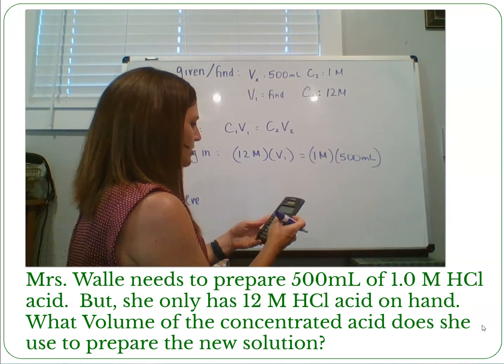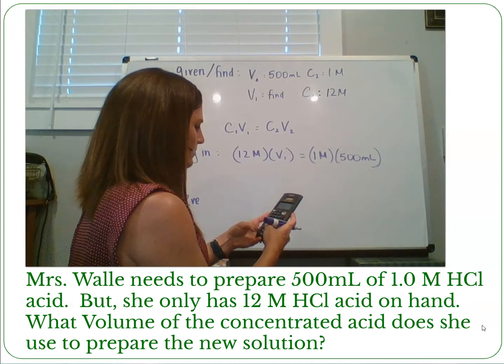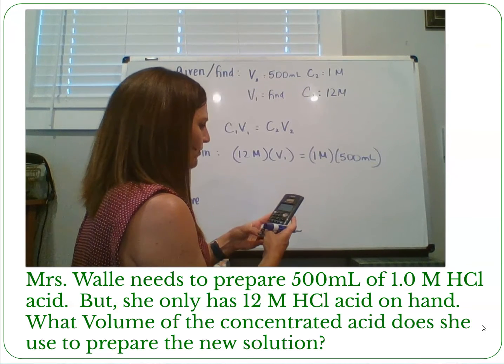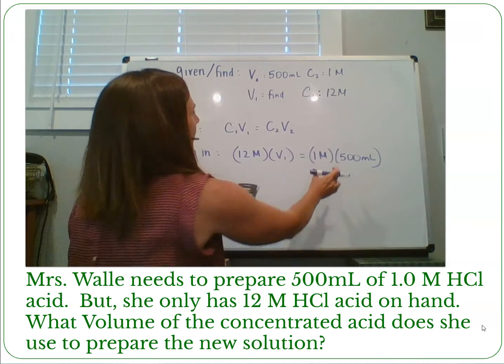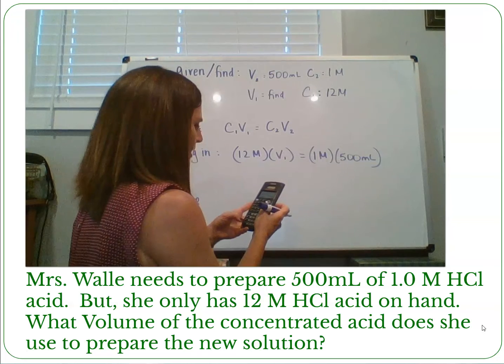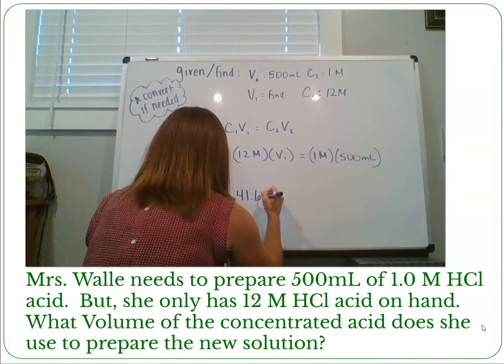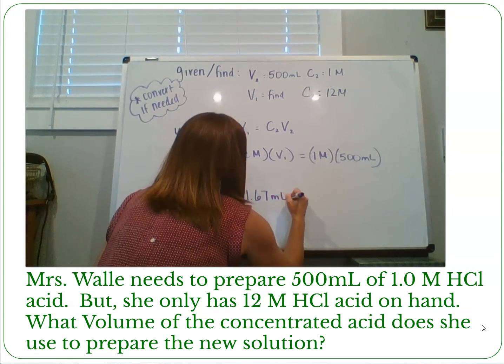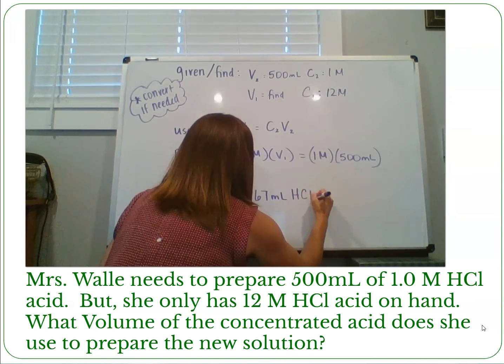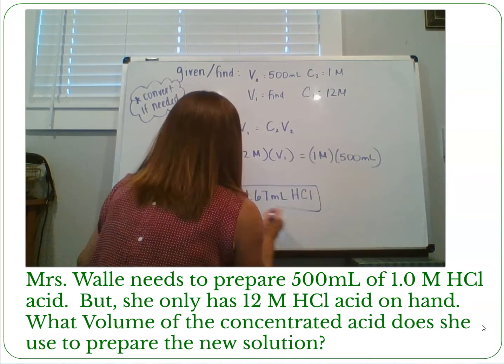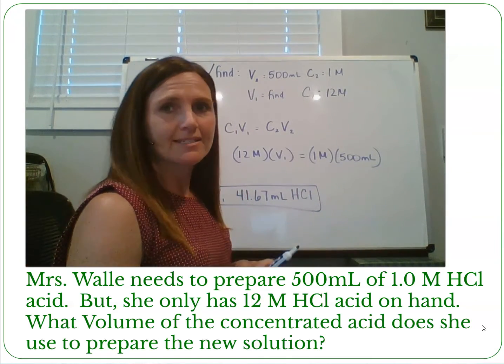It's as simple as doing 1 times 500, which hopefully you already know is 500. And then that number divided by 12, which is 41.67 milliliters of HCl.